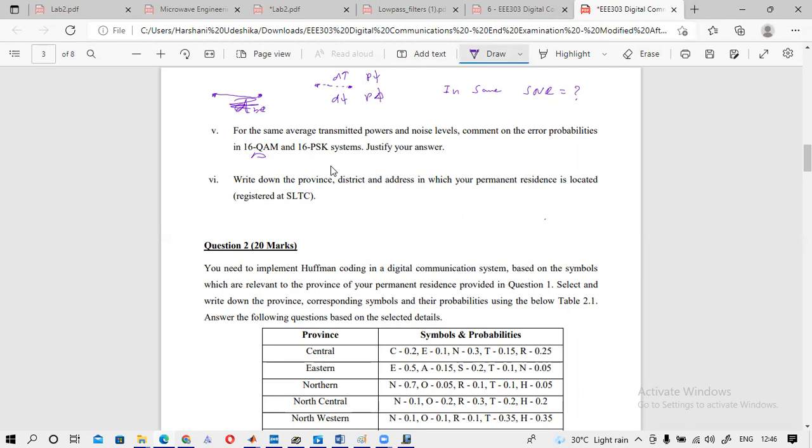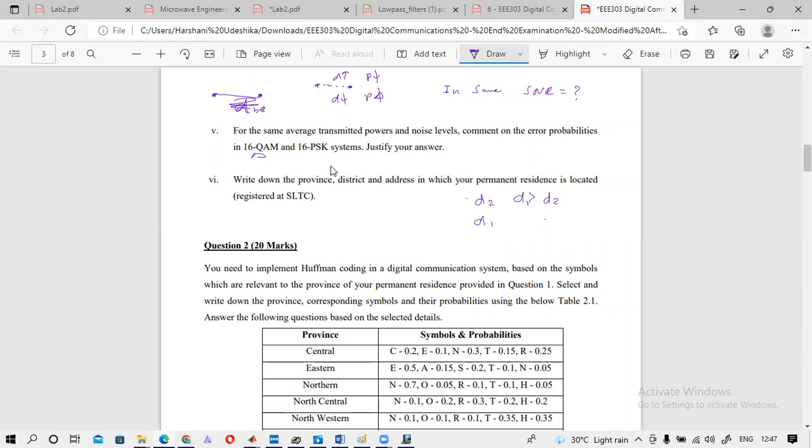So let's say you have one distance d2 and another distance d1, and d1 is greater than d2.